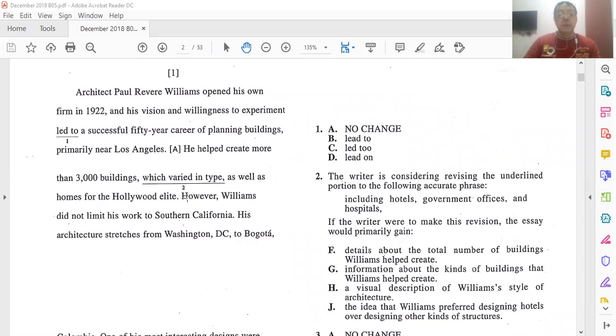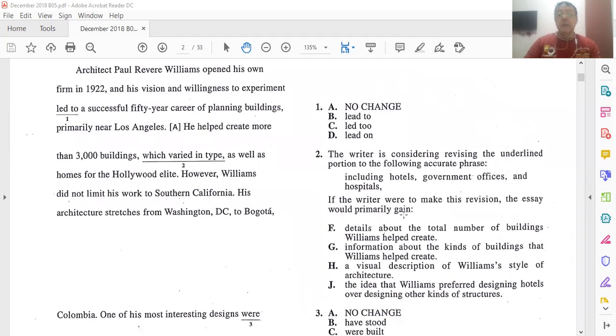Moving on to question number two. He helped create more than 3,000 buildings, which varied in type, as well as homes. The writer is considering revising the underlined portion to the following accurate phrase: including hotels, government offices, and hospitals. If the writer were to make this revision, the essay would primarily gain what? Instead of just saying varied buildings, he wants to specify what types of buildings.